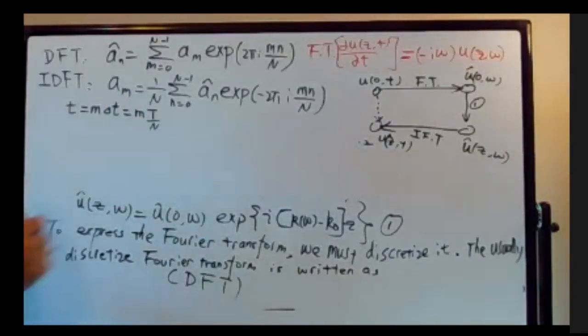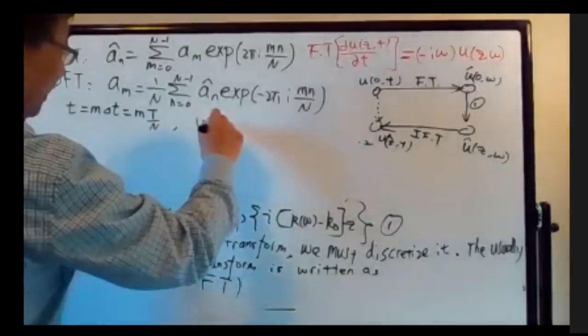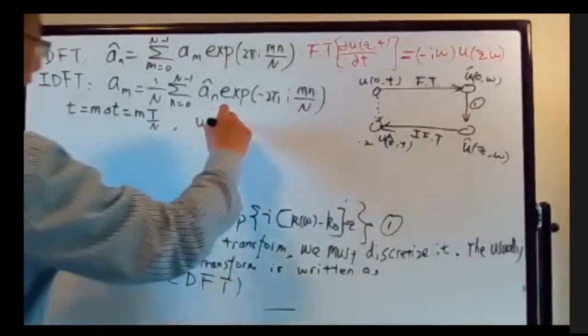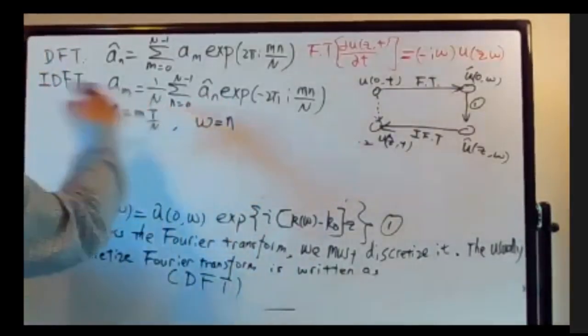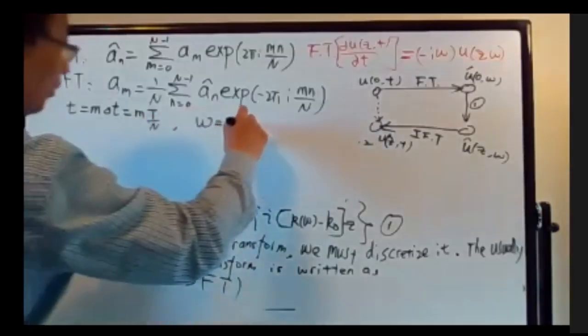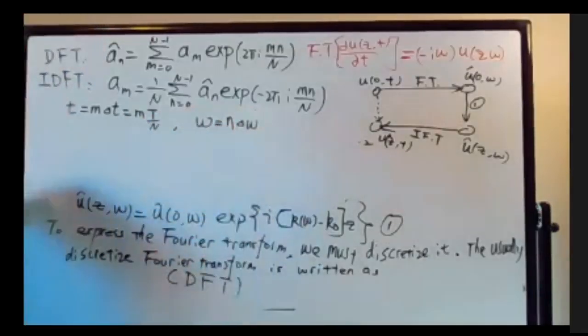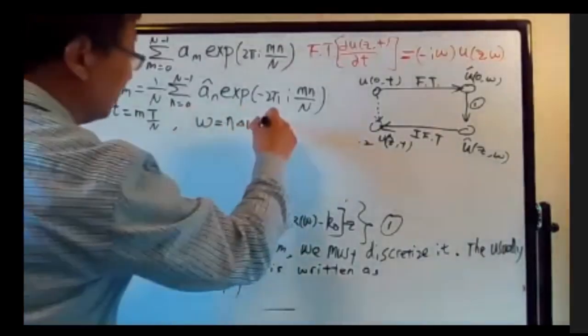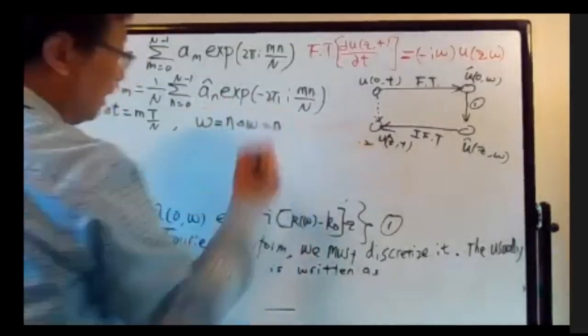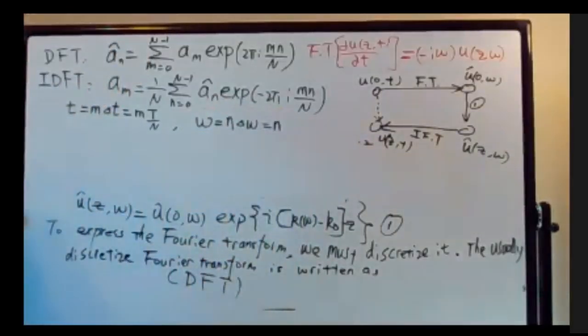Now what is omega? In the frequency domain, omega is n times delta omega. What is delta omega? Delta omega is 2 pi delta f.